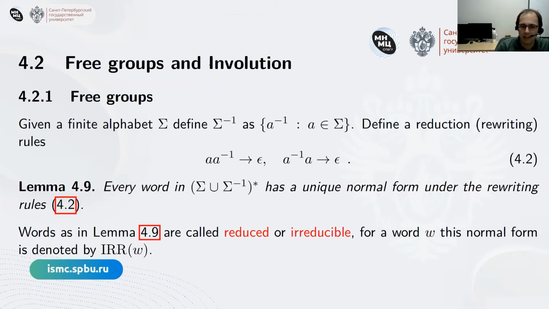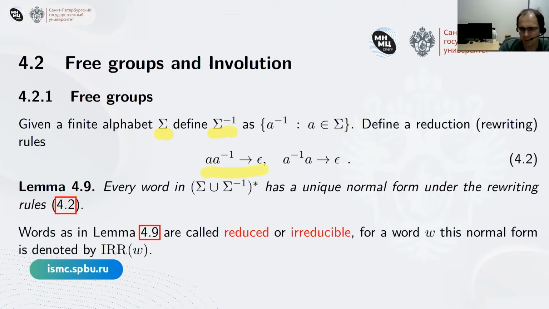And just to be sure, when I'm talking about a free group, this means that we have some fixed alphabet of generators, and every letter has an associated inverse, which is different from the letter itself. And we have reduction rules, which transform a a^-1 into an epsilon. And we are looking at the reduced words, the words for which such a rule cannot be applied.